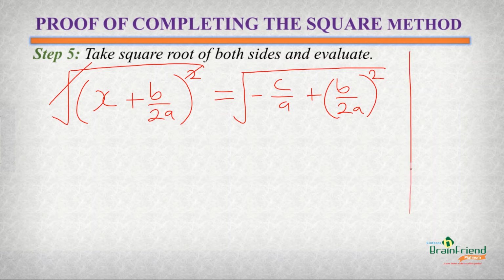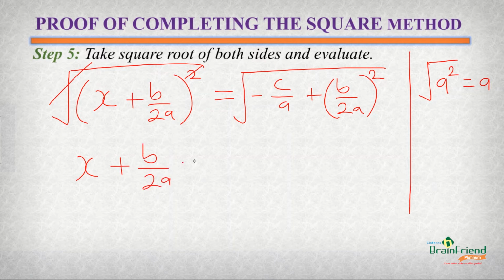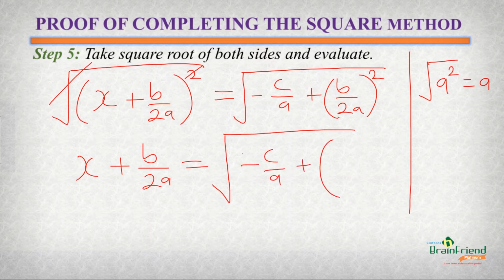If we do that, the square root on the left-hand side will be cancelled by the square on that same left-hand side. Please note that the square root of A squared is equal to A. This is coming from your simple indices. So when we do that, we now have x plus B over 2A is equal to the square root of minus C over A plus (B over 2A) all squared.